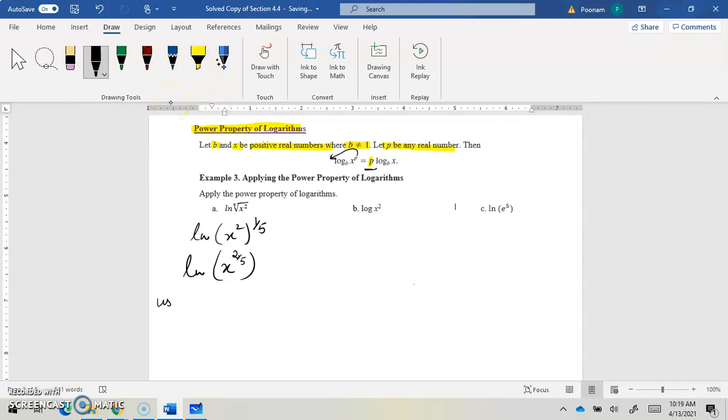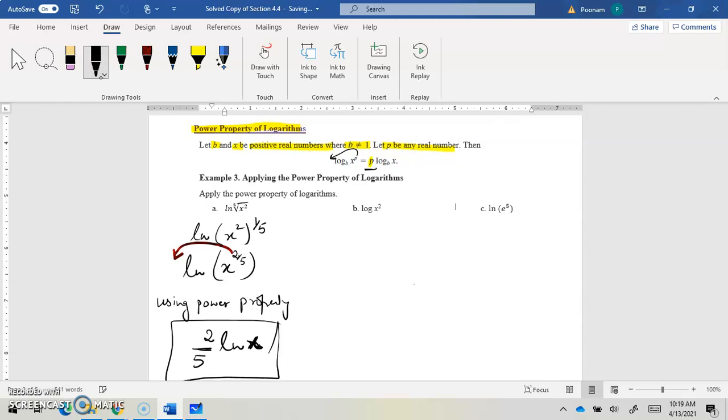Now using the power property, this 2 by 5 can come up front. So that would be written as 2 by 5 natural log of x. So that is your answer. All the properties which apply on log with any base b will also apply on common log and natural log.